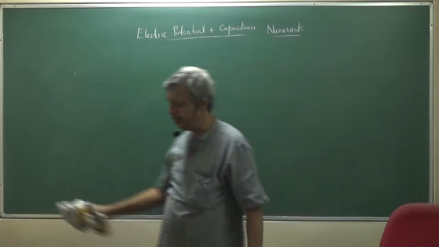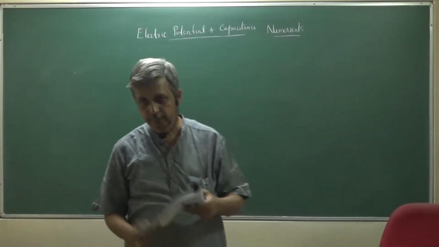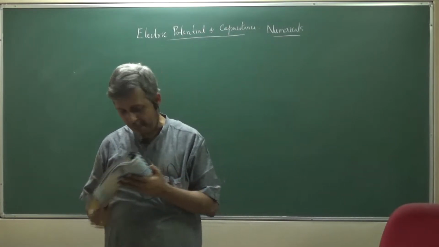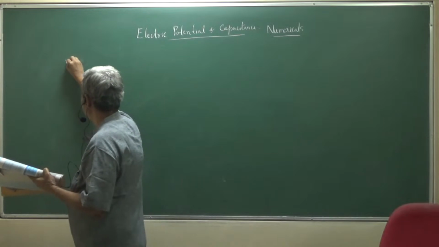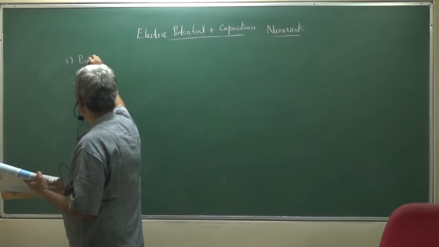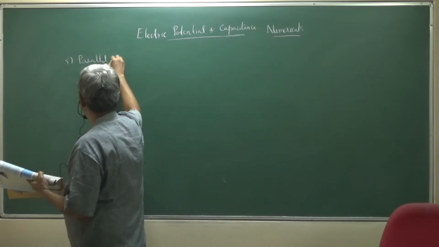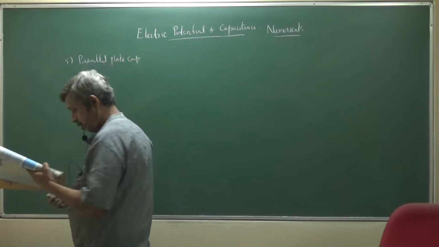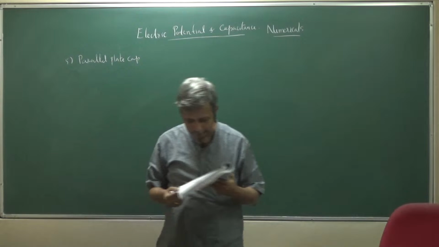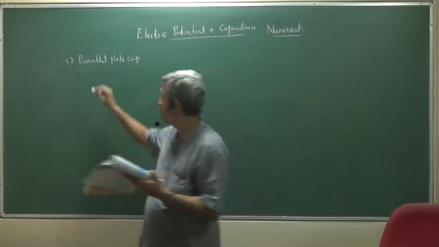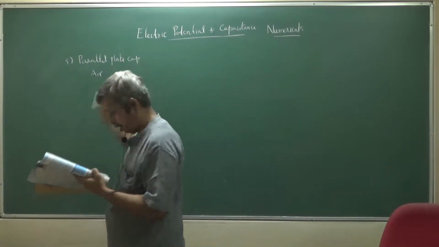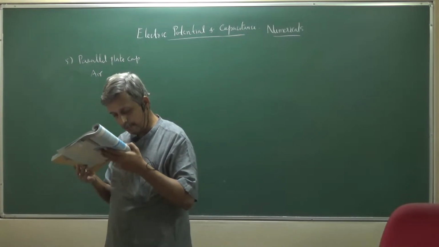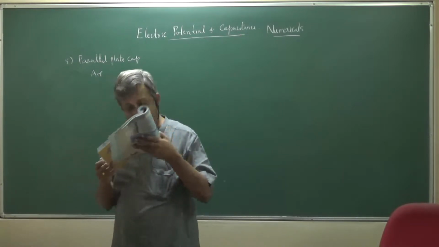So the next problem is on a parallel plate capacitor with air between the plates. Each plate has an area of 6 into 10 power minus 3 meters square.